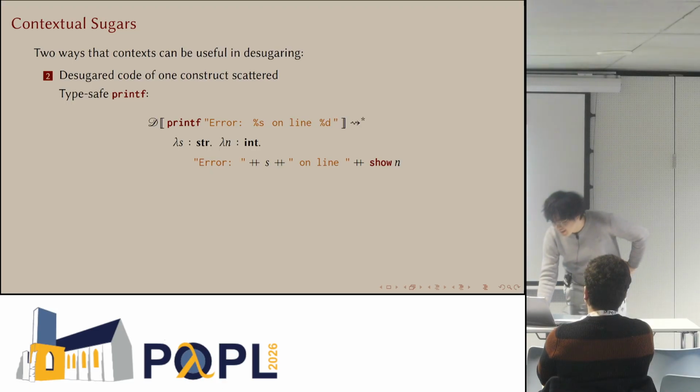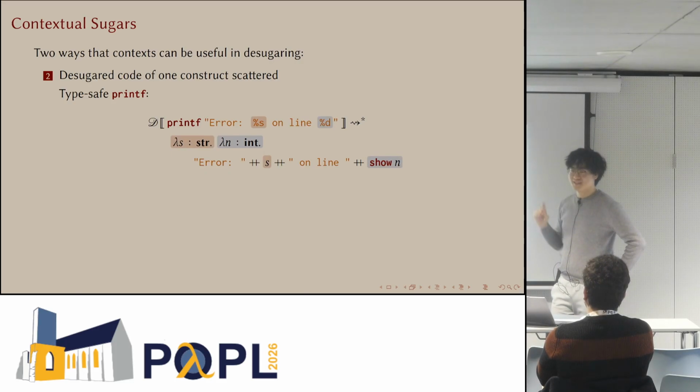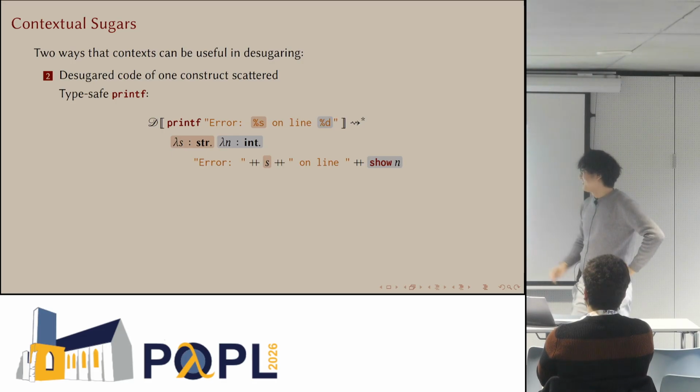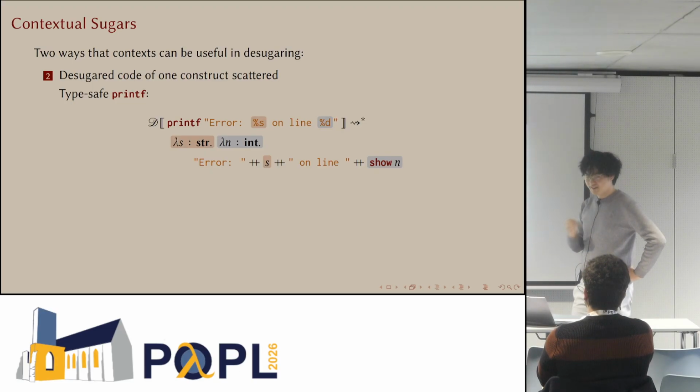And the point is that, for example, the percent S, which should take a string, first takes a string and then contributes to a part of the final string to print out, or actually concatenate, and they are separated. So we cannot do this with the context-free pattern-based sugars as before.